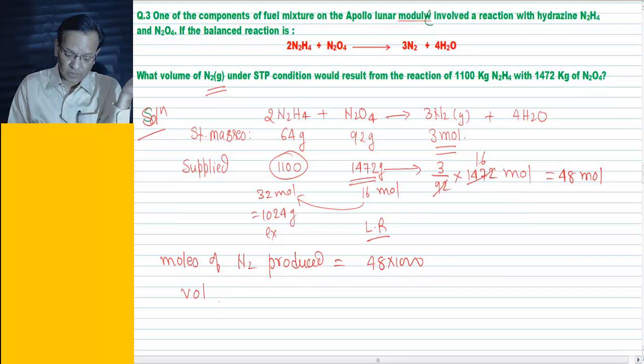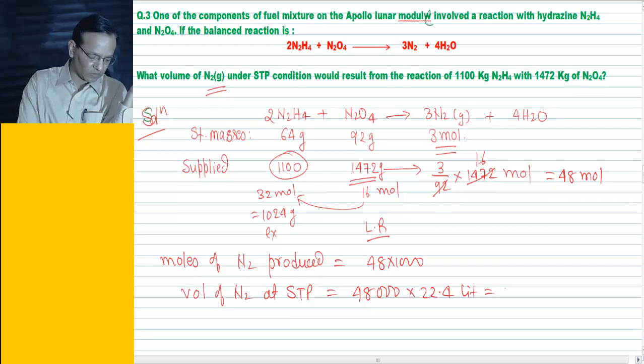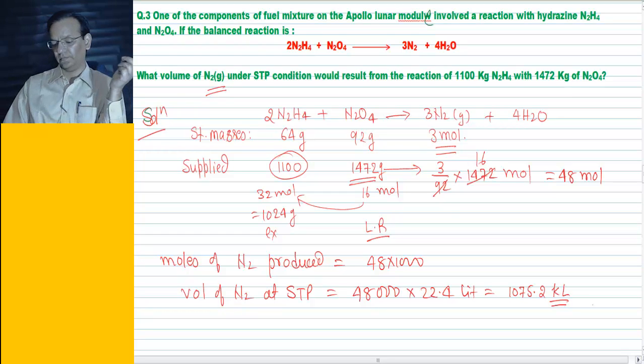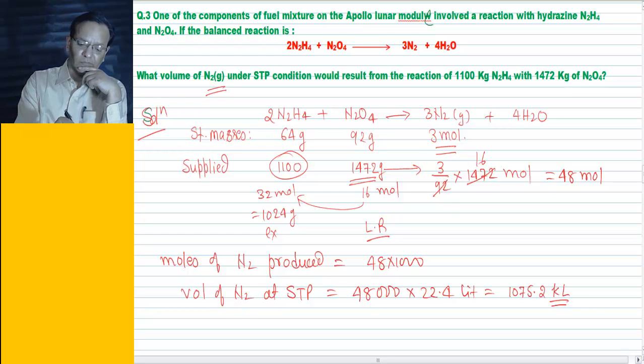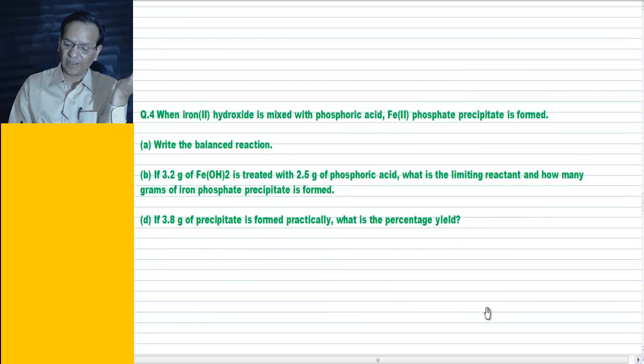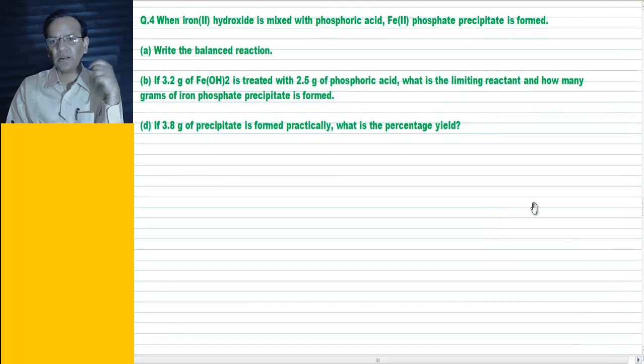So the volume of N2 at STP will be equal to 48,000 into 22.4 liter, which will be equal to 1075.2 kiloliter. So the concept of limiting reactant must be very clear and it is going to be very important.